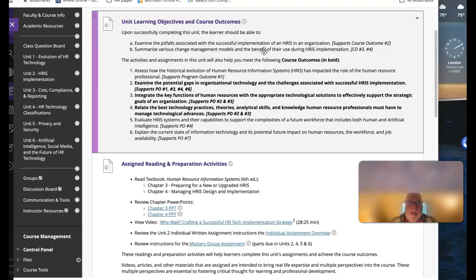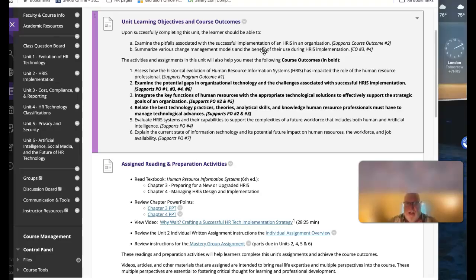We'll also talk about some other things, but as we launch into Unit 2, we're going to start looking at implementing an HRIS system or technology. A lot of times in this course, I'll refer to technology because HRIS kind of encapsulates a system, if you will.